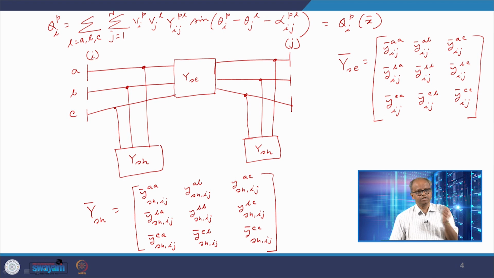So, this is the Y shunt matrix and this is the Y series matrix, right.